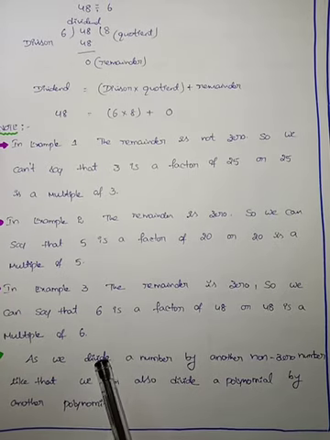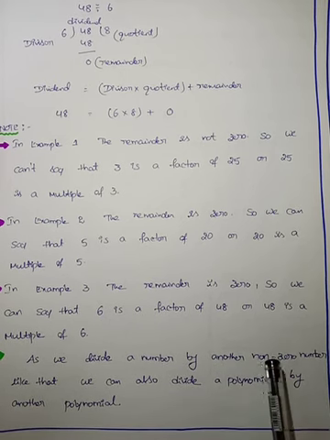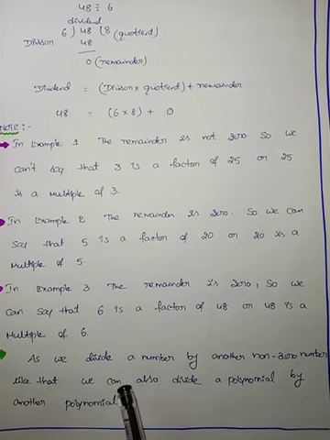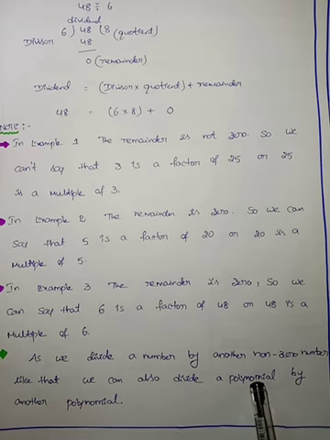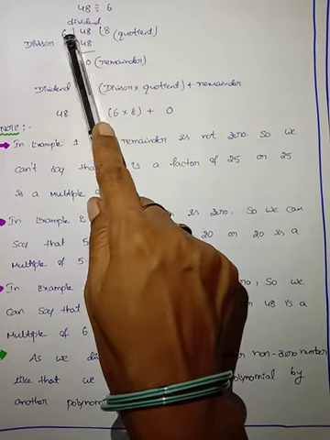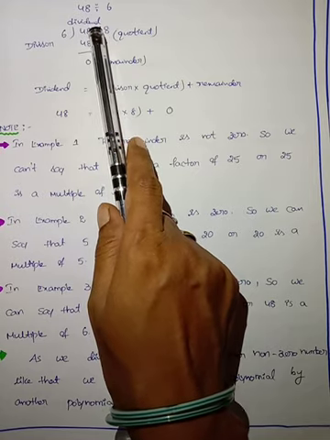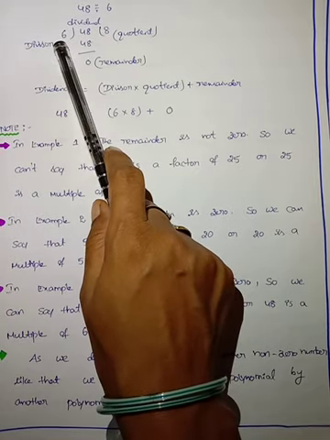As we divide a number by another non-zero number, like that we can also divide a polynomial by another polynomial. Here we divided one number by another non-zero number.